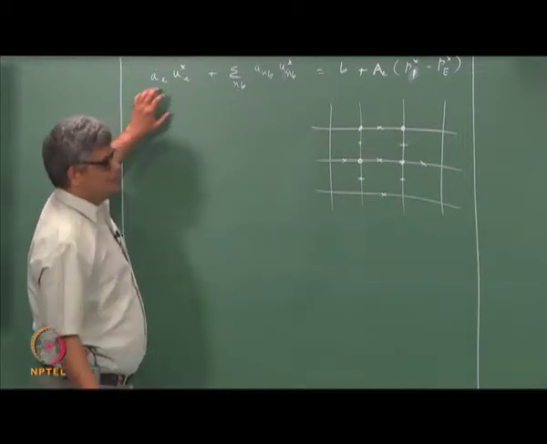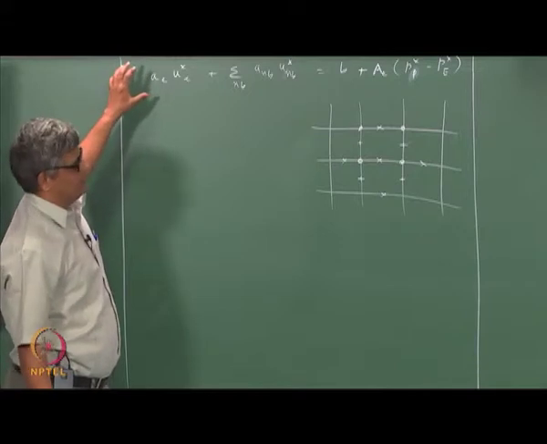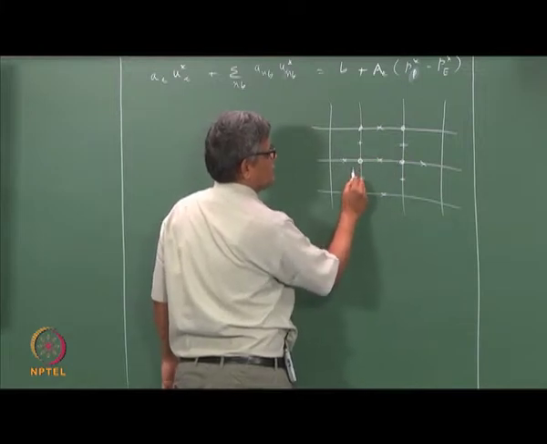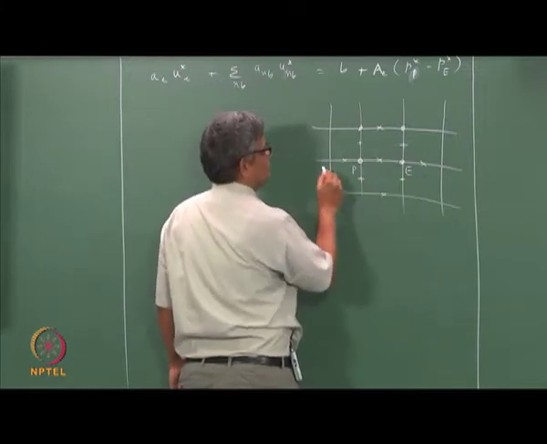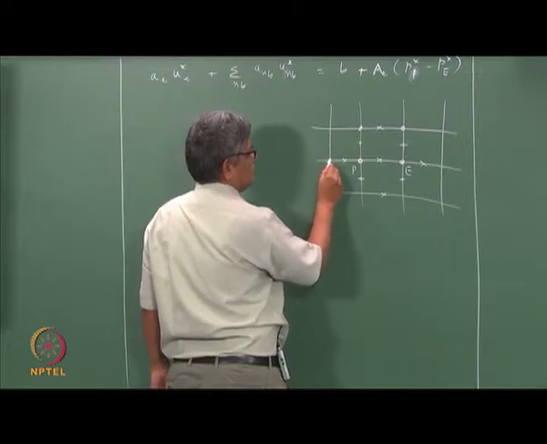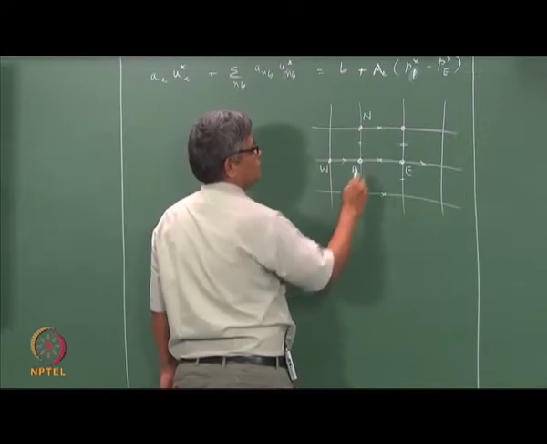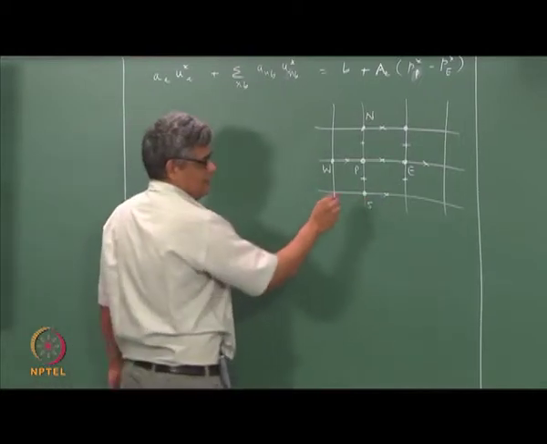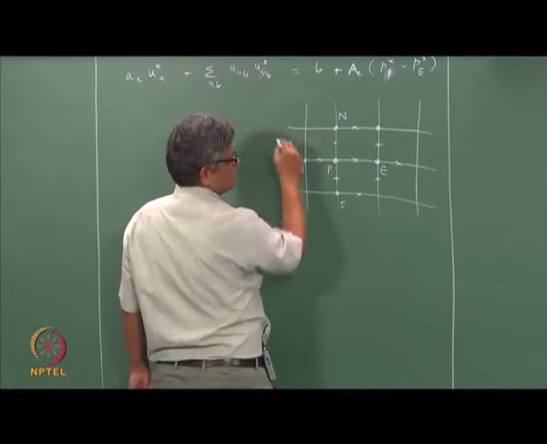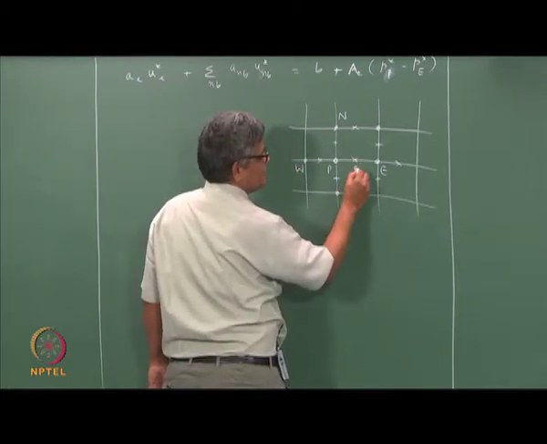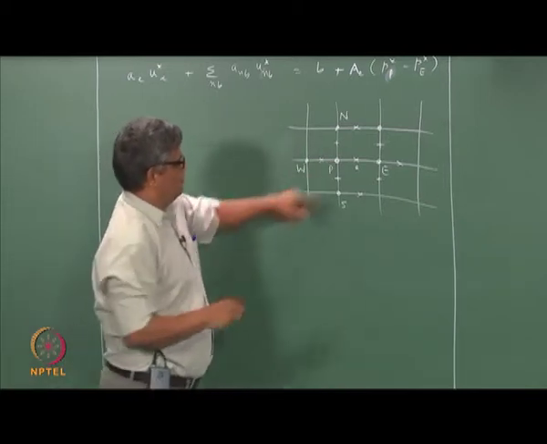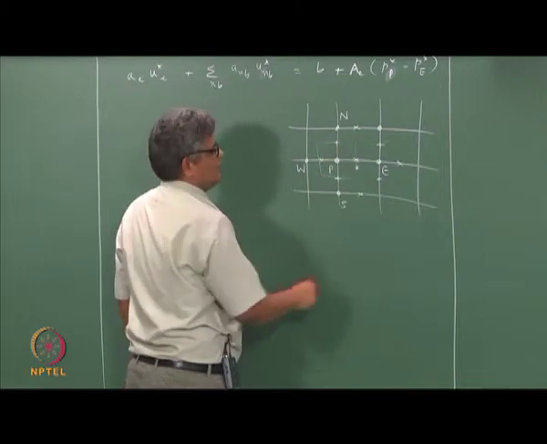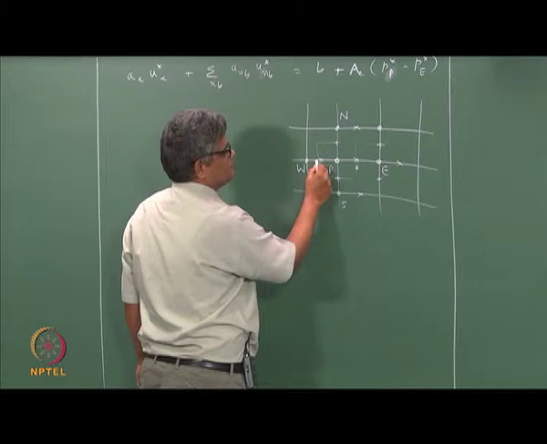so that the x momentum balance equation in its discretized form, involving, if we call this capital P, the east point, the west point, the north point, and the south point at which pressure is evaluated, then x velocity component is evaluated at the east face of a control volume centered around capital P, and it is also evaluated at the west face.